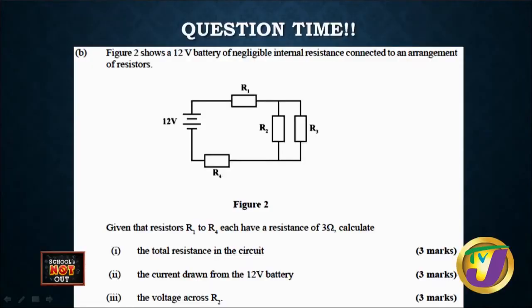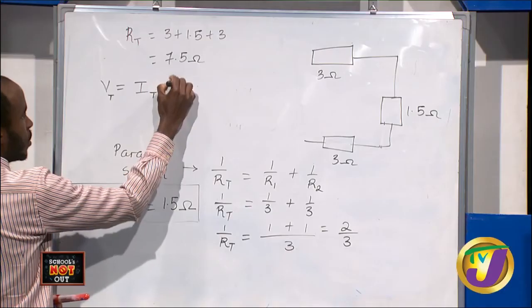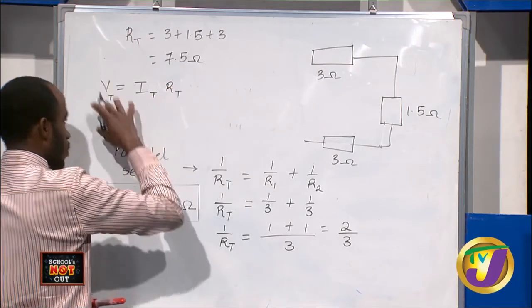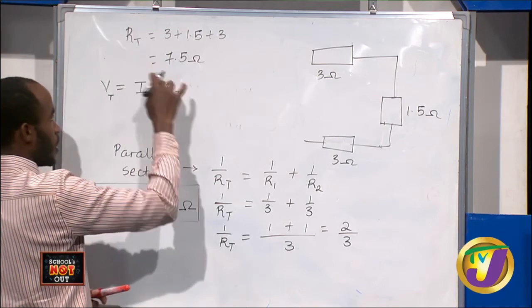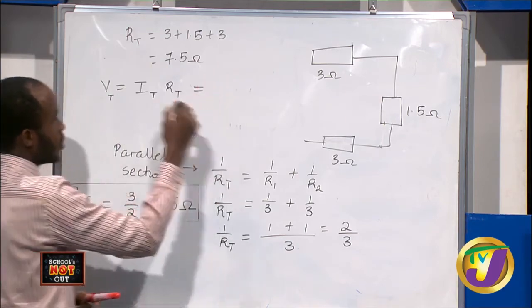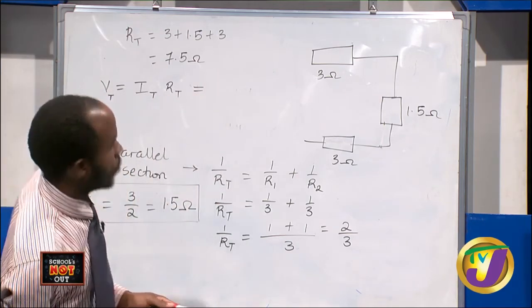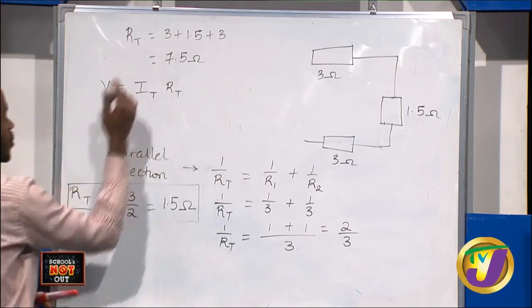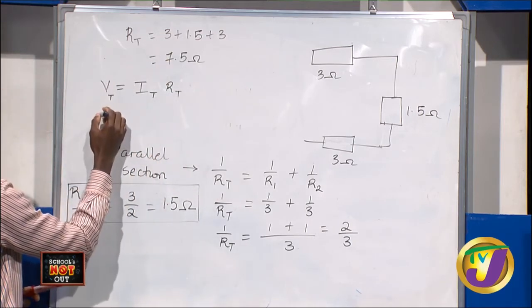We're recalling Ohm's law, V equal IR. So we could say that the total voltage is equal to the total current times the total resistance. We know the total voltage of 12 volts. We know the total resistance of 7.5 ohms.